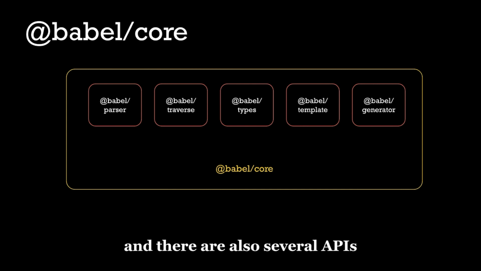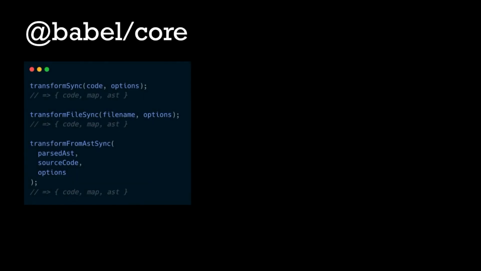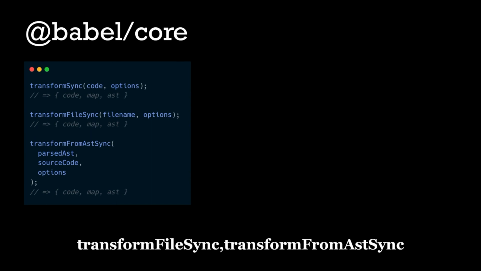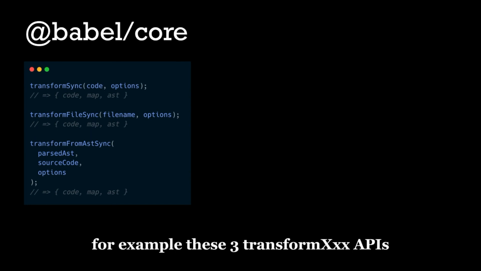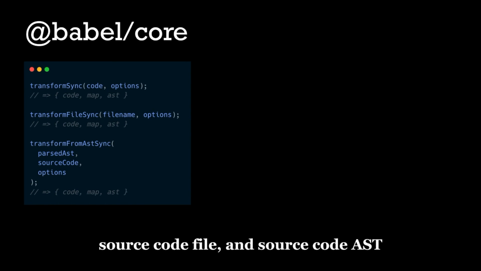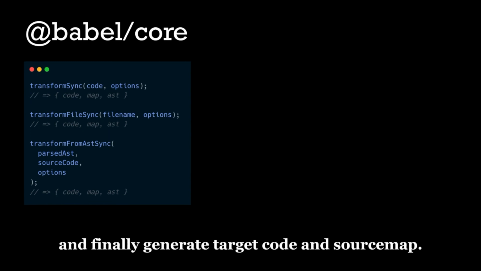And there are also several APIs. Transform scene, transform file scene, transform from AST scene. For example, these three transform something APIs start processing from source code, file, and source code AST, and finally generate target code and source map.